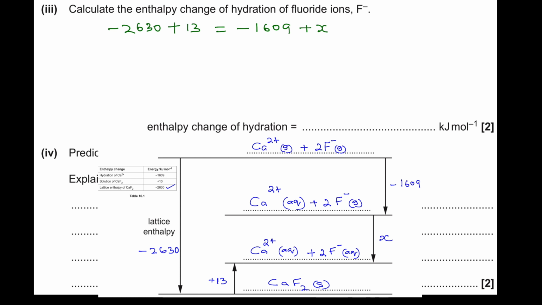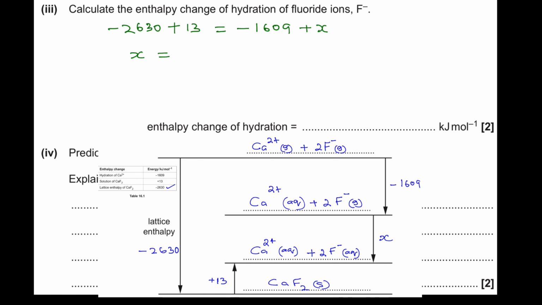I don't know what X is, and therefore X will be equal to, just to explain what I've done, -2630 plus 13, and this one is on the right hand side, which is -1609, and that's X. So that's what I've done here.